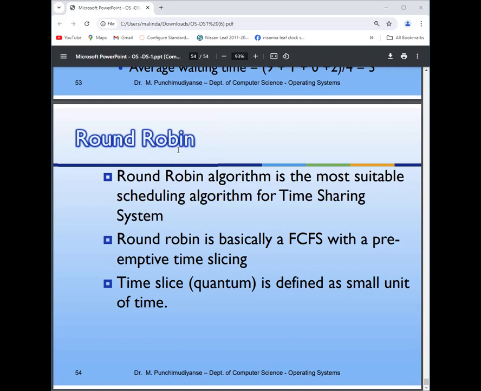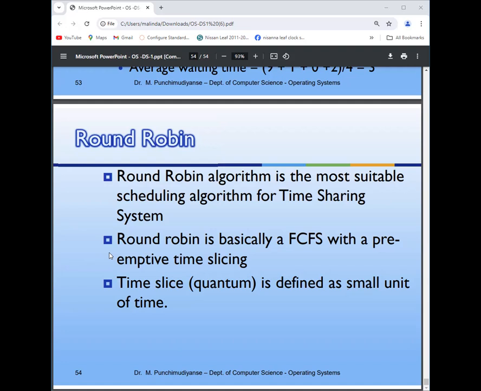So that's all. It's actually a basic FCFS with preemptive time slicing. A time slice is defined as a small unit of time. So you give a time for everybody, right? So there is no priority business, nothing. When you get the time slot, you can run. So that's about the round robin algorithm.